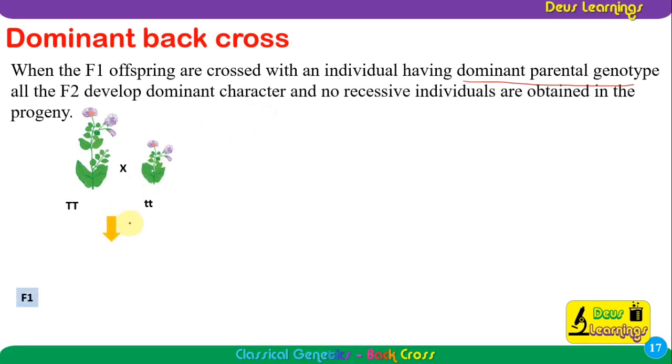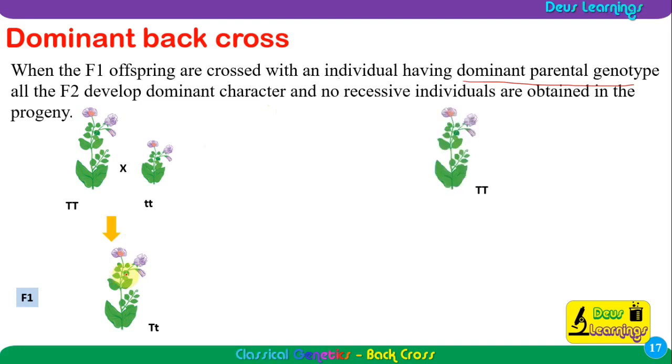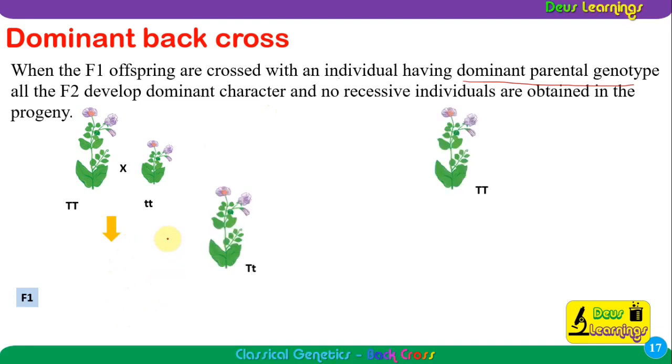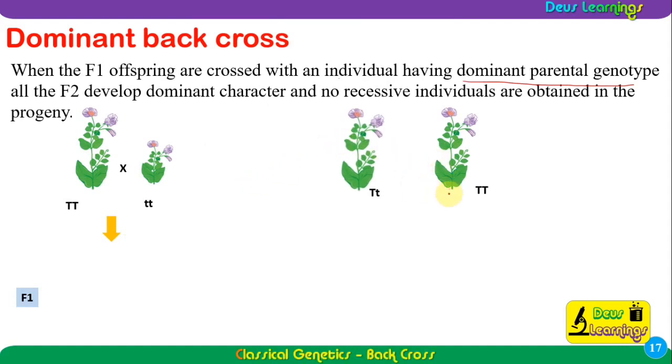So we get the F1 generation, and this F1 generation individual is crossed with the dominant parental phenotype. This is the dominant parent, and this is the recessive parent.